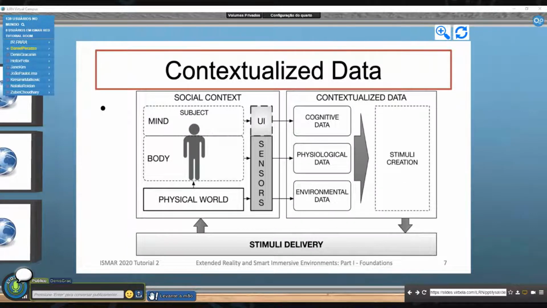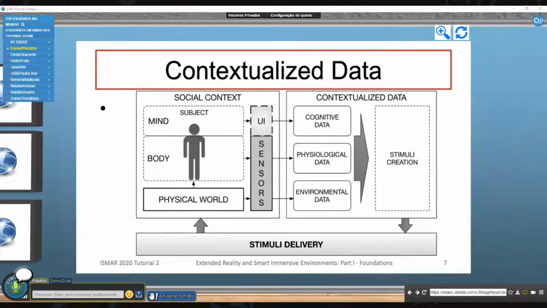And finally, cognitive data, either through some direct input from the user or with some other means. We combine those three streams of data and use them to create stimuli. That stimuli is primarily visual, but it can also include audio and some other types of sensory stimuli.